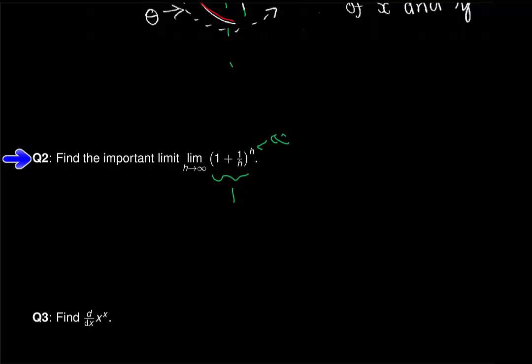So what we have is type 1 to the infinity. We have a race going on. Anything positive to the power of infinity would go to infinity. But this is going to 1, and 1 to any power is 1. So you have competing things going on. You have an indeterminate form.